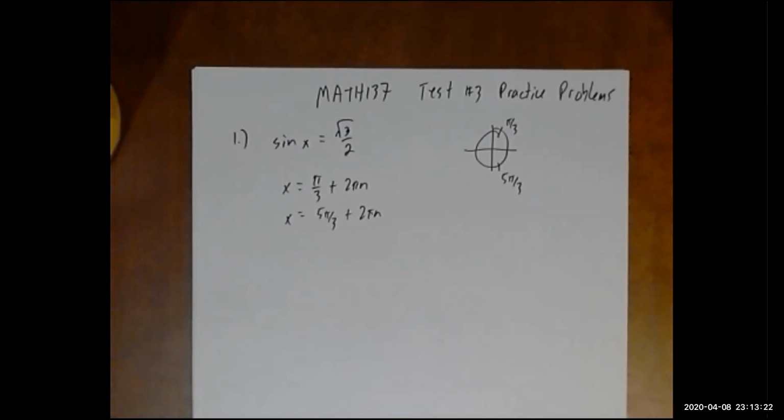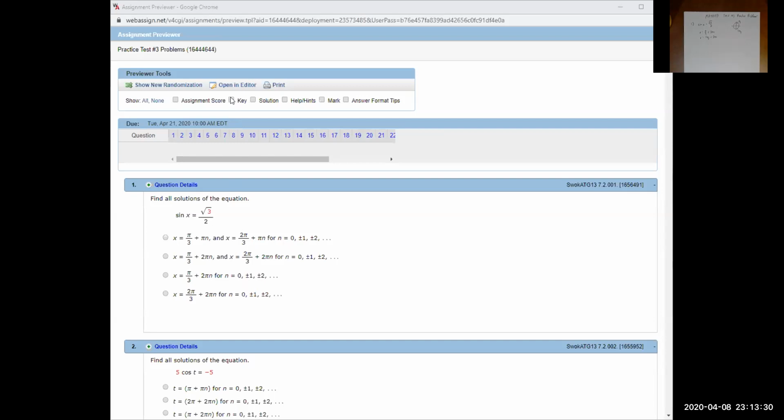So let me go back now. And actually for me, I can put the key up here. Let me just do that, make sure I don't make any mistakes. Actually, what I should do is decide which one it is. Don't be fooled now. Look at this first answer: pi over 3 plus pi n, 2 pi over 3 plus, you see the pi over 3 and 2 pi over 3, you think that's correct?